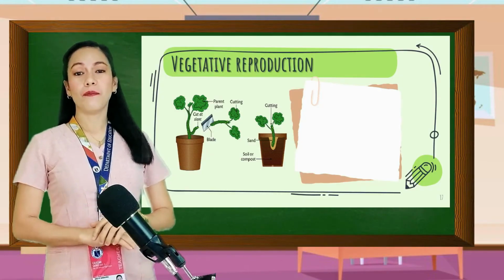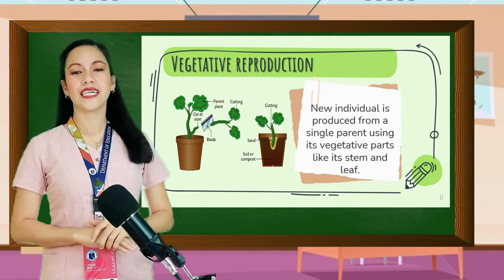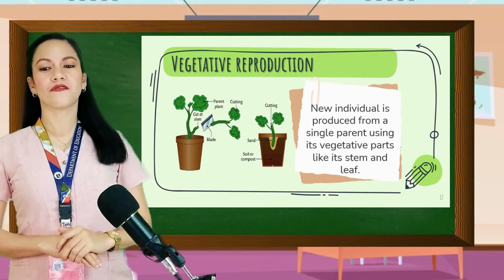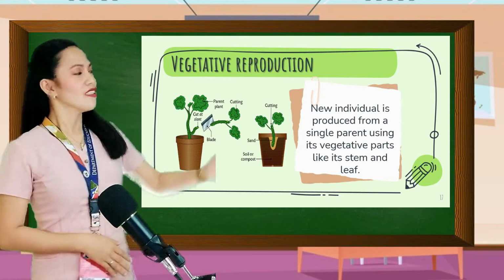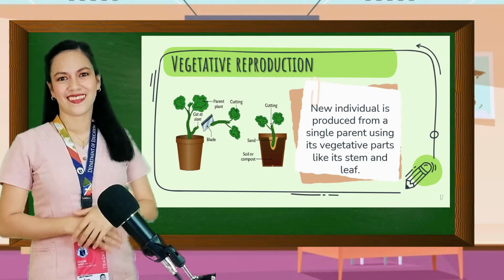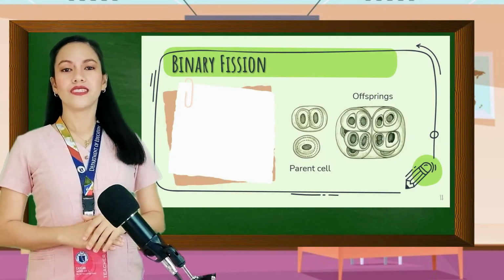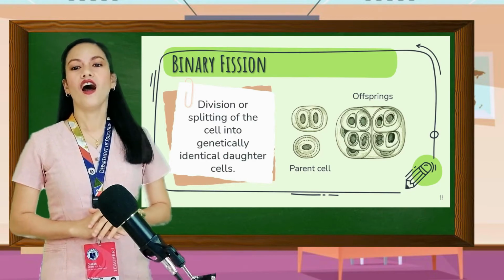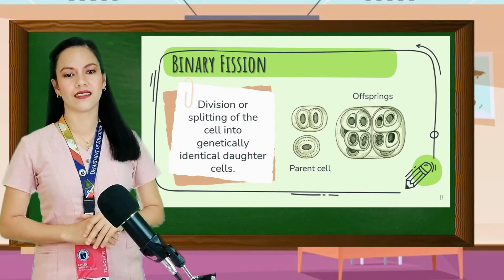During vegetative reproduction, a new individual is produced from a single parent using its vegetative parts like its stem and leaf, just like this plant on the picture. The next is binary fission. It involves the division or splitting of the cell into genetically identical daughter cells.